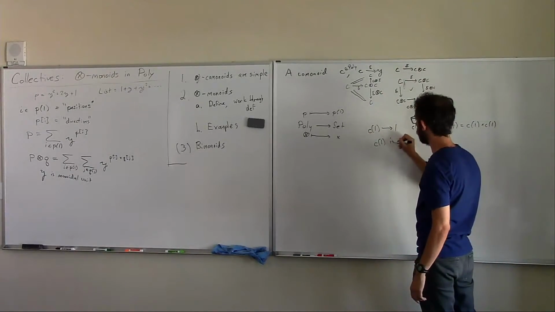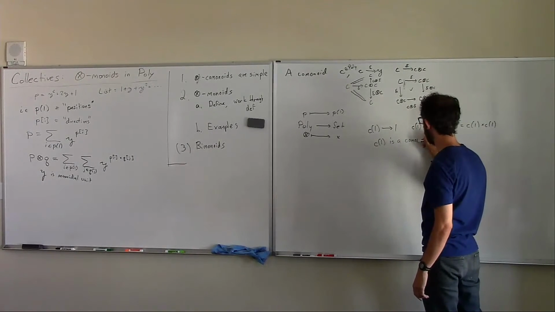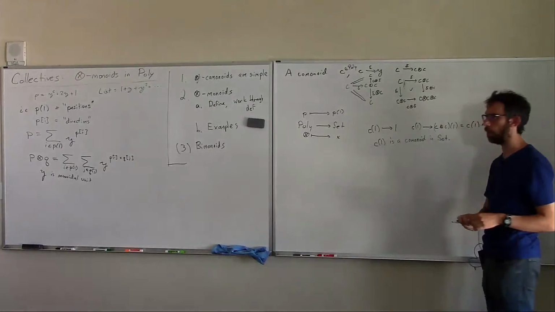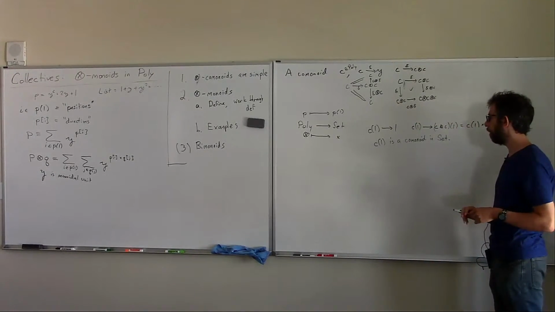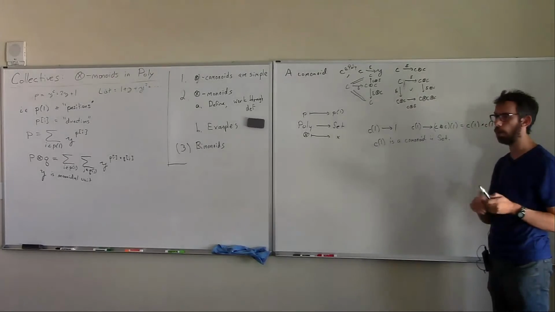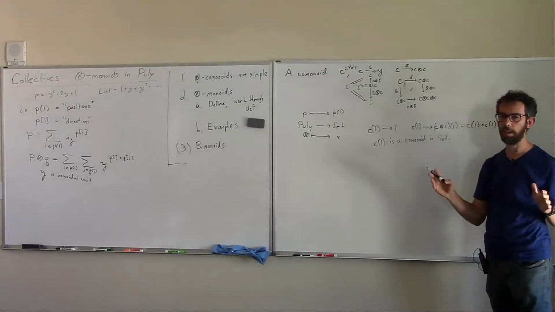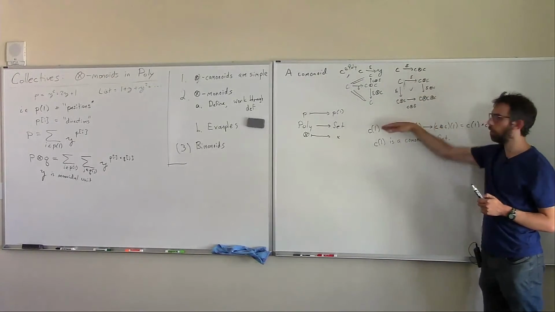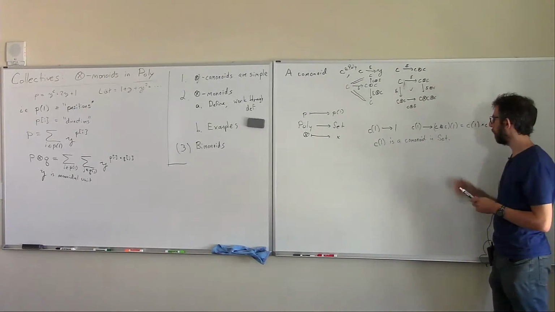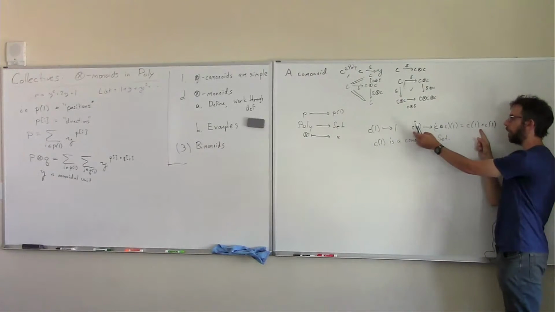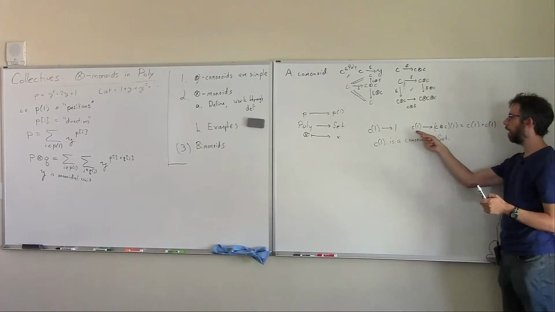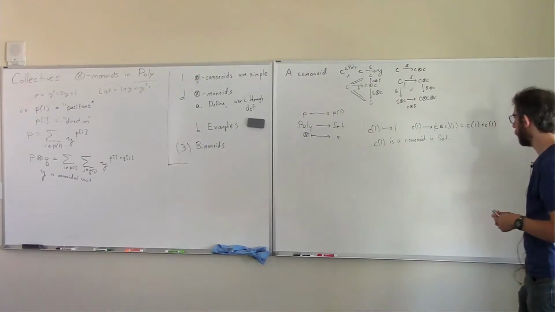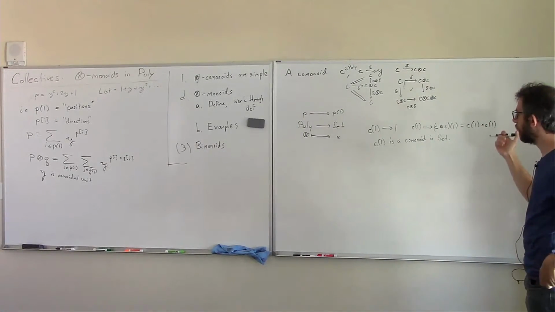So C of 1 is a comonoid in set. And all comonoids in set are trivial in the sense that there's a unique comonoid structure on every set. If you had a set like 1, 2, 3, 4, 5, or the natural numbers, there's only one way to assign a comonoid structure on it. And it will be the diagonal. So if this is a set, it'll just send an element to that element twice.